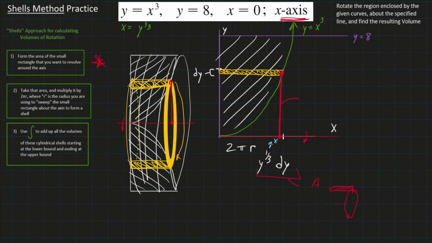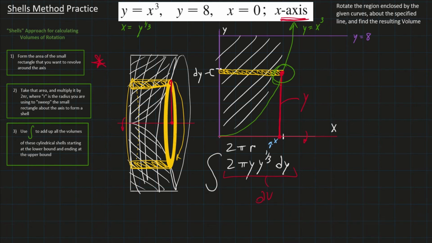And notice that this line right here is just the y-coordinate of this point. So instead of writing 2 pi r, I can write 2 pi y. And now, when I plug in a y into this equation, what I've programmed that math to do is to give me the volume of one of those thin cylindrical shells, dV. And I now want to add up all of these small volumes.